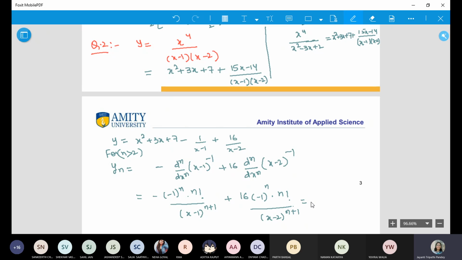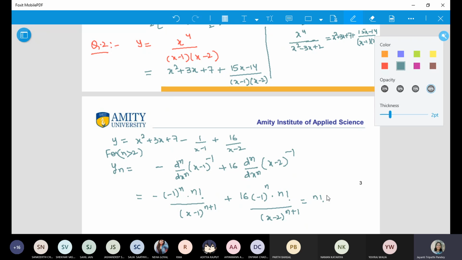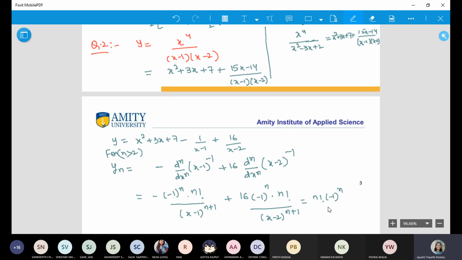So you can club it by writing factorial n into minus 1 to the power n, and in bracket you will have 16 upon x minus 2 to the power n plus 1 minus 1 upon x minus 1 to the power n plus 1.